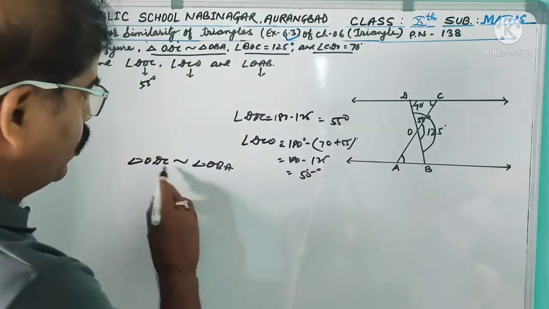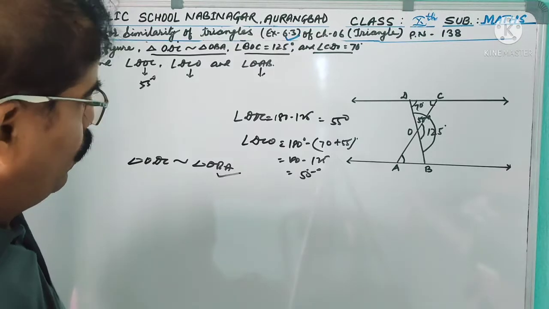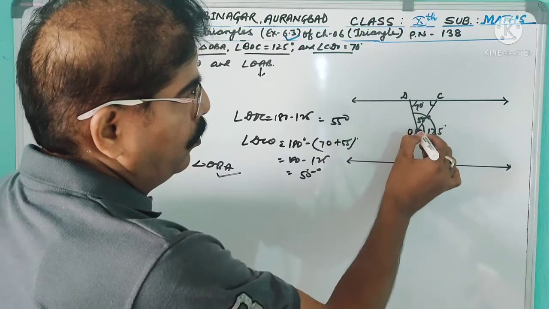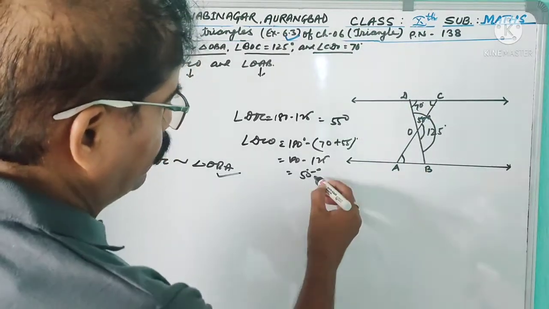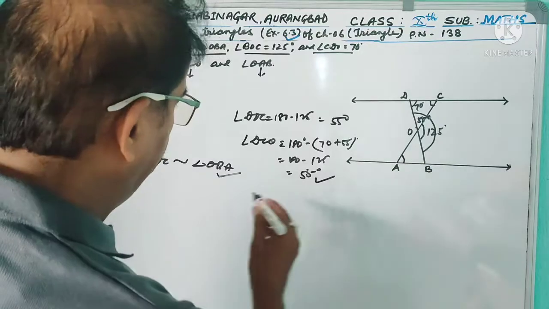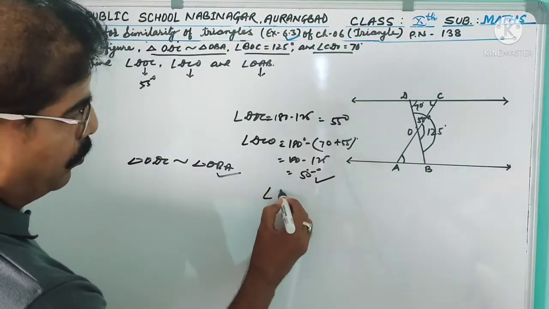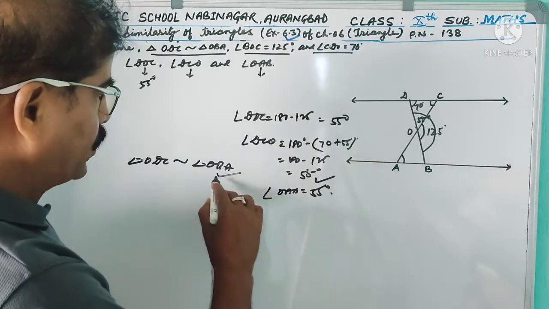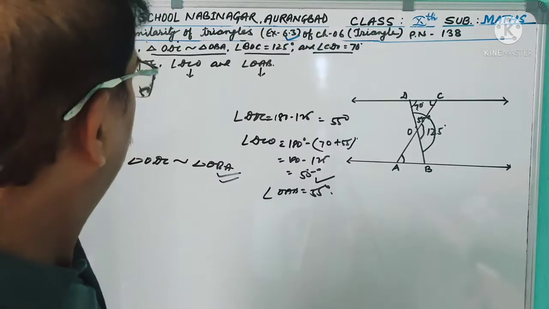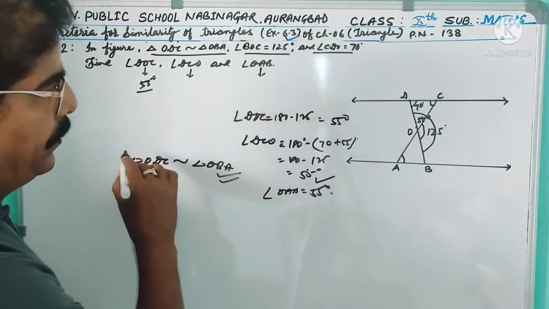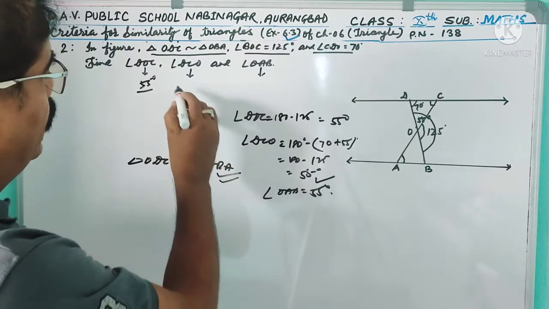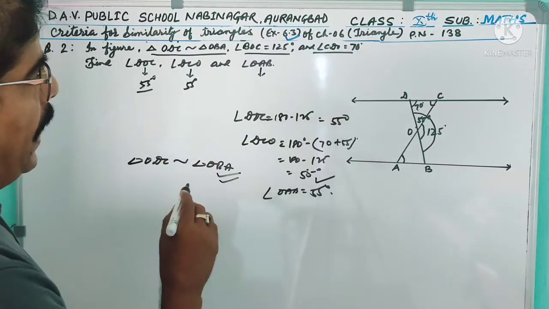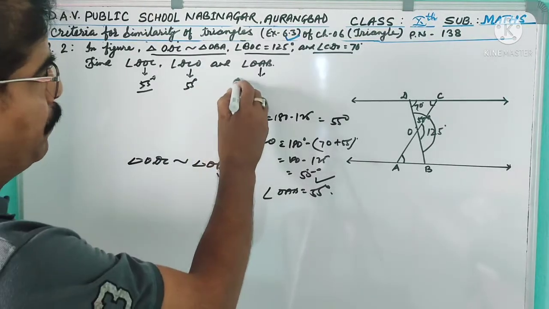Since triangle ODC is similar to triangle OBA, OCD equal to 55 degrees, so OAB equal to also 55 degrees, because both triangles are similar. It is clear that DOC is 55, DCO is 55 and OAB also 55 degrees.